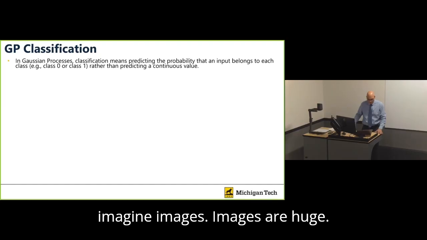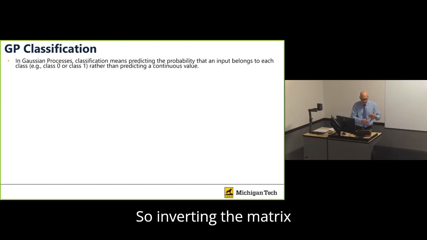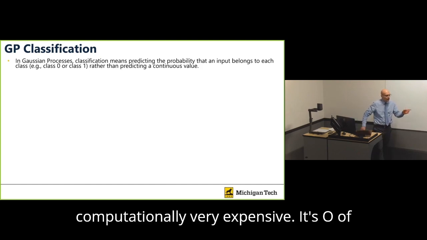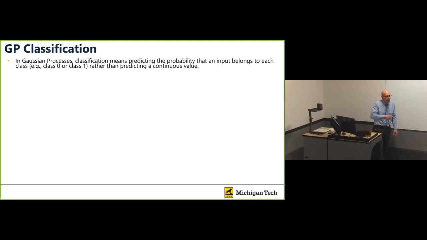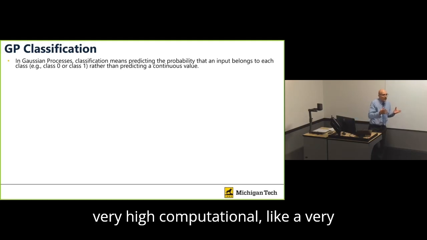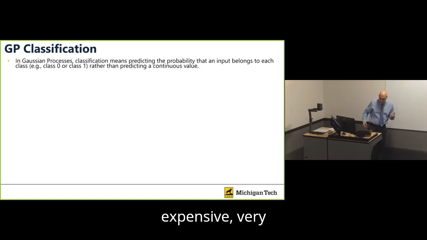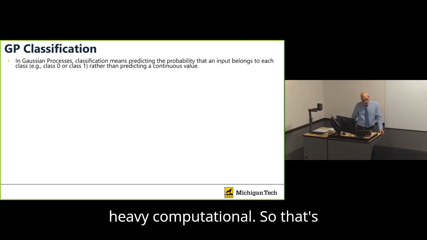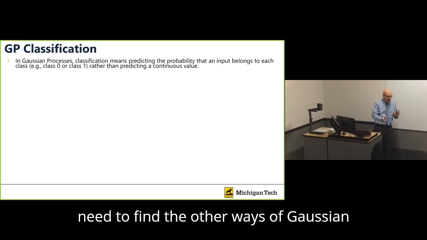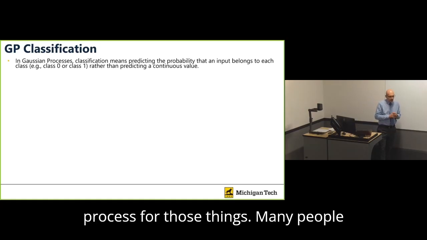Images are huge, so inverting the matrix is computationally very expensive. It is O of n cubed, which means very heavy computation. So that's why we need to find other ways of doing Gaussian process for those things.